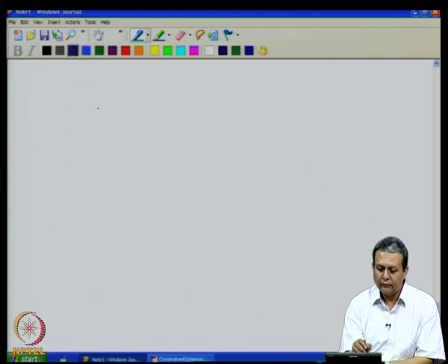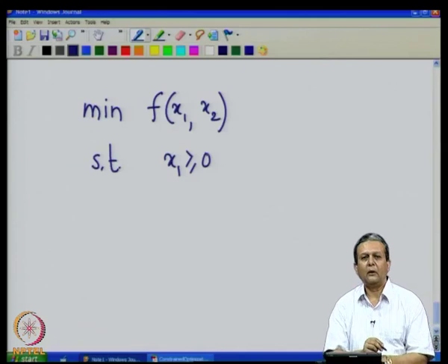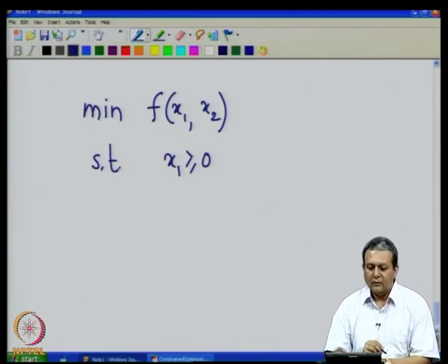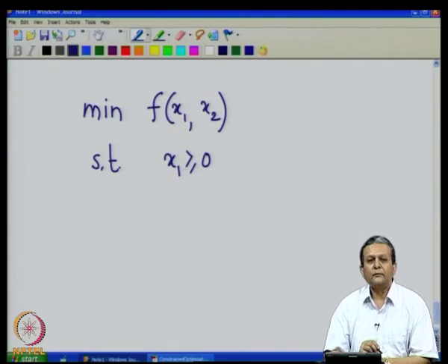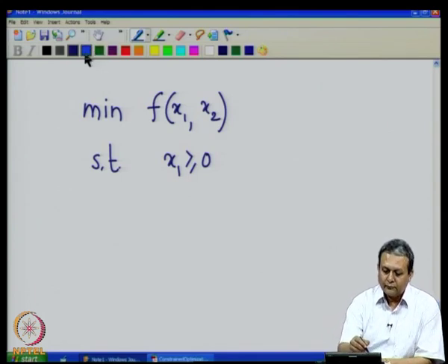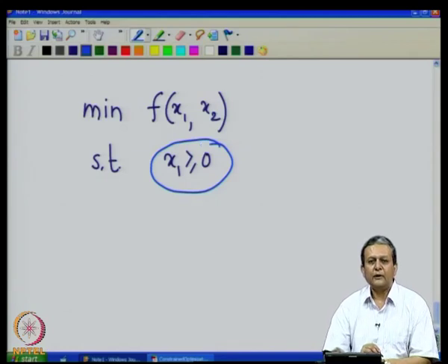So, suppose that we have to solve the following problem: minimize f of x1, x2 subject to the constraint that x1 is greater than or equal to 0. Now, here there are constraints on the variable x1. So, since x1 is going to be non-negative, we can replace this constraint by defining some new variable.